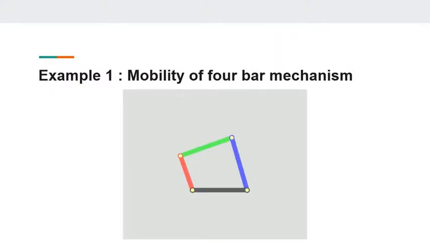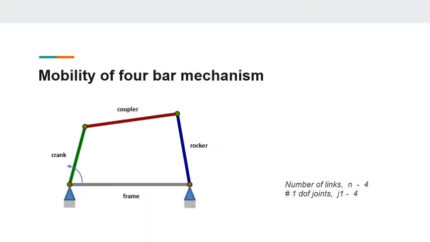Now we are ready with a criterion for finding degrees of freedom of different planar mechanisms. As a first example, let's find the mobility of a 4-bar mechanism. A 4-bar mechanism has 4 links, namely a frame, which is the fixed one, a crank, which makes a 360-degree revolution, a rocker, which is the output link, and finally the connecting link.